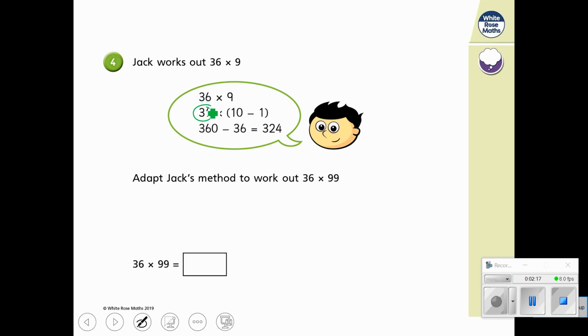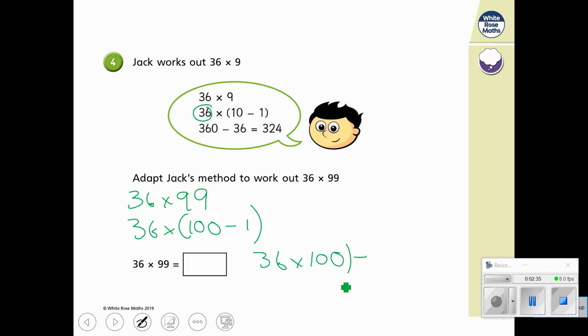So here it goes. 36 times 99 is the same as saying 36 times 100 take away 1. So I'm going to do 36 times 100, and then I'm going to subtract 36, which is my 1. 36 times 100 is 3,600.